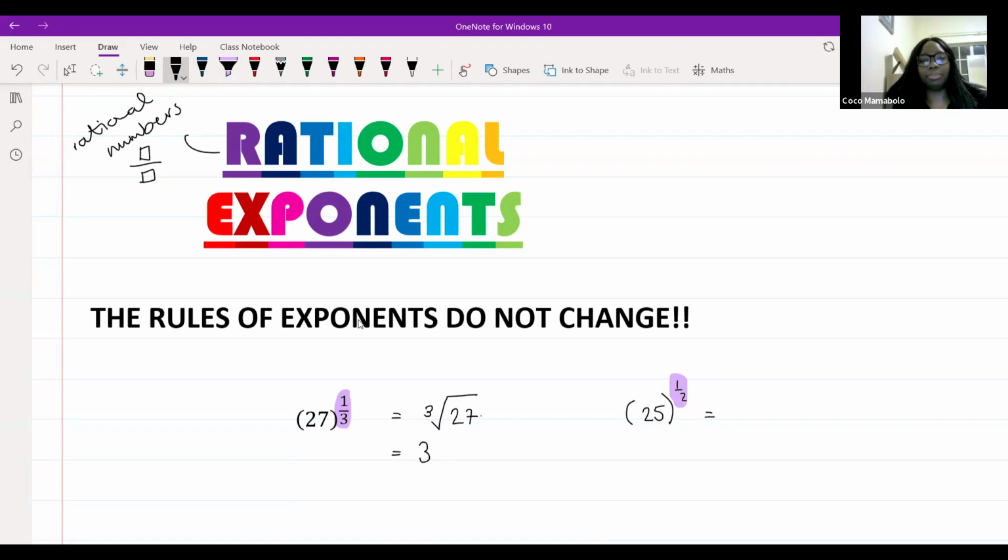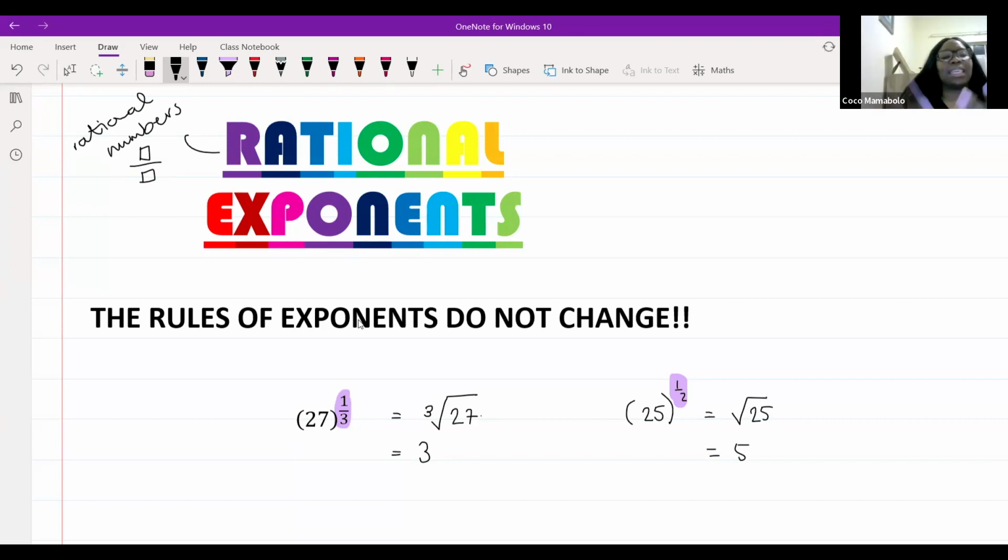Who's got an idea? If 1 over 3 is the cube root, 1 over 2 would be the what root? Yes, that's it, Theo. Absolutely. It would be the square root. It would give us the square root of 25. And we know the answer to that. The answer to that is 5.